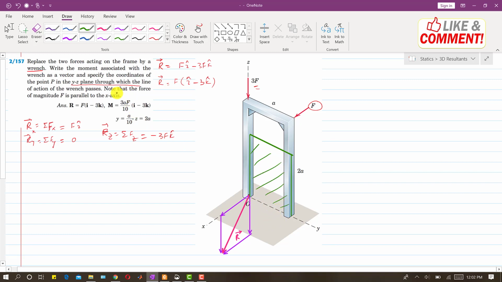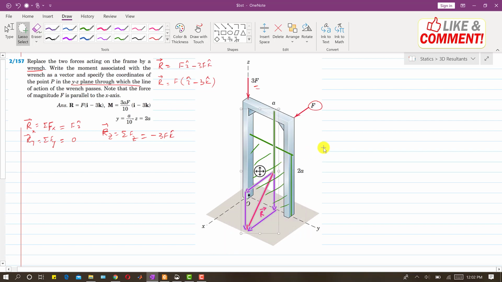So it is said that specify the coordinates of the point P in the YZ plane. So let's say that this resultant is in the YZ plane, somewhere here. If I move this whole resultant, let's say that this resultant is somewhere here in the YZ plane. Let me move this back to this point. So let's say that this is that point P, and let me remove these lines.